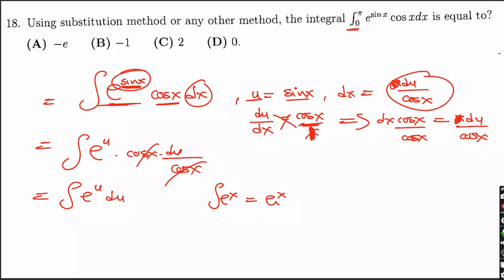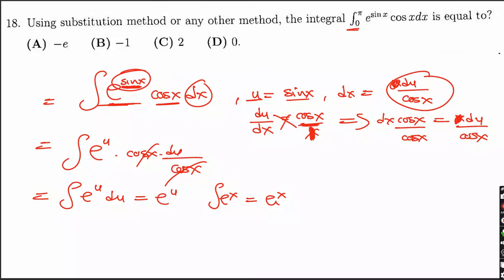The reason is very simple. Whenever you are integrating, you can multiply this by x and divide by x, and you still get the same value. So even here, the integral of e to the power u is just going to be equal to e to the power u.